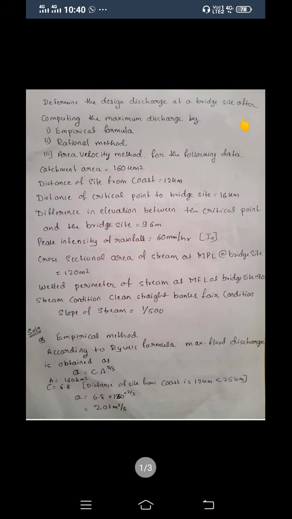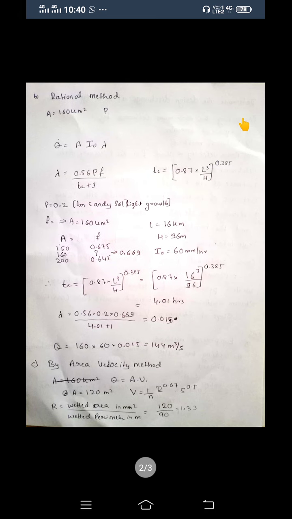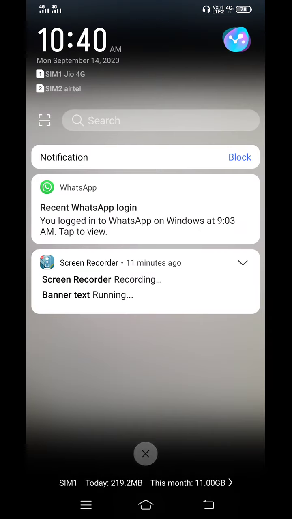In the empirical method, we obtained 201 meter cube per second. By the rational method, we obtained 144 meter cube per second.